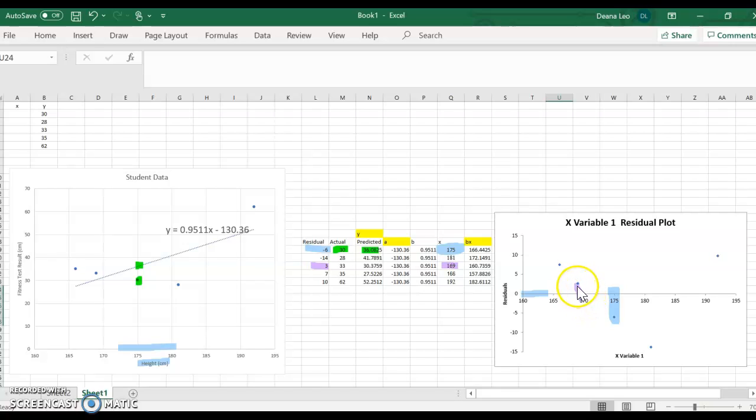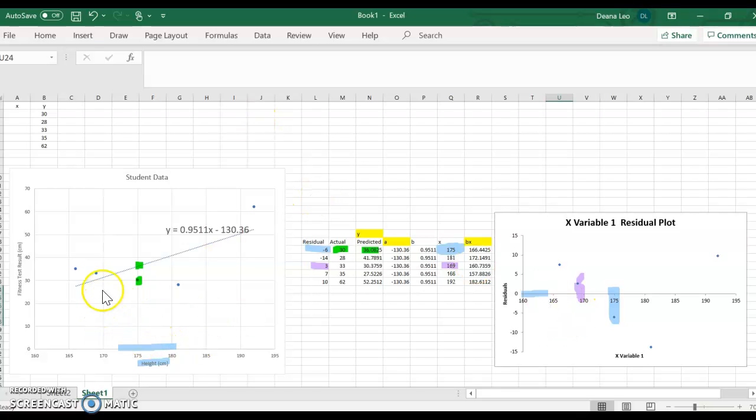So this person actually jumped, remember this is the actual, 3 centimeters taller, longer than what is predicted for someone at their height of 169 centimeters.